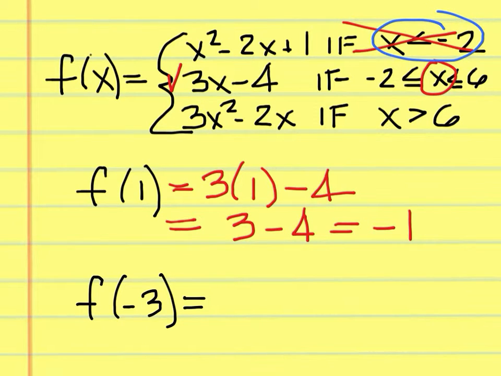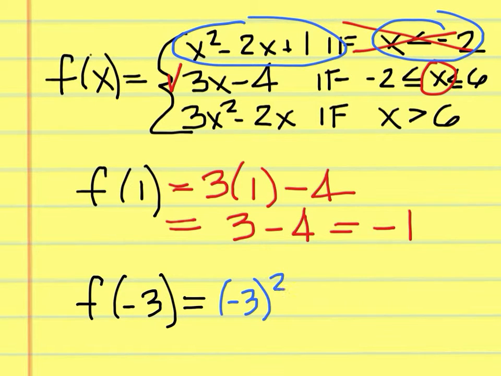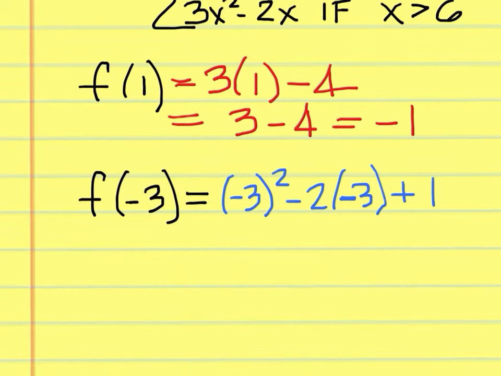So I will use x squared minus 2x plus 1 and insert negative 3 for x. So I would have the quantity squared of negative 3 minus 2 times negative 3 and plus 1. So that's a 9 plus 6 plus 1, which is going to be 16.